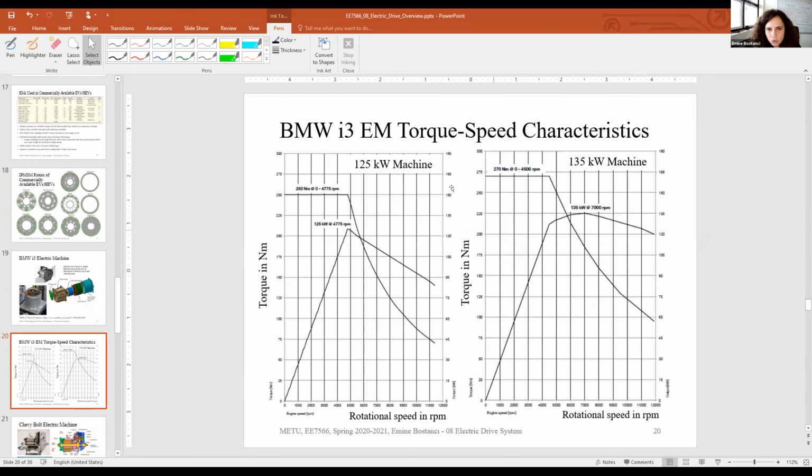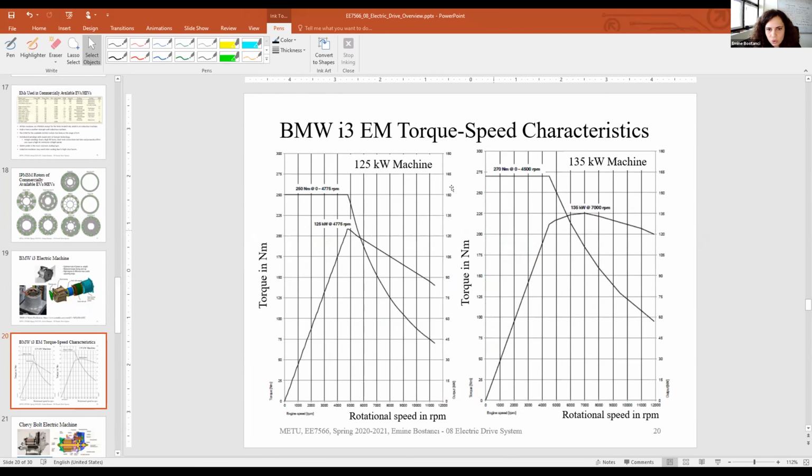The sport version can have higher torque, up to 270 Newton meters, and the torque starts to decrease around 4,500 RPM. What you can see here is that this machine can keep the top power more or less as the speed goes to 12,000 RPM.